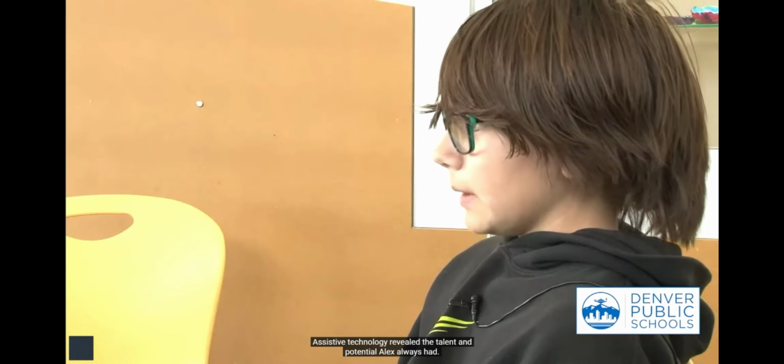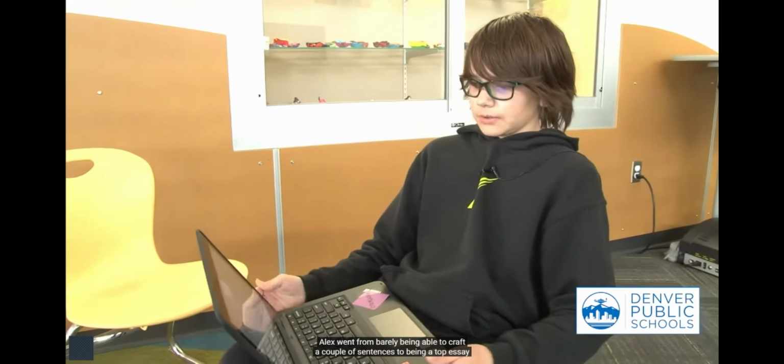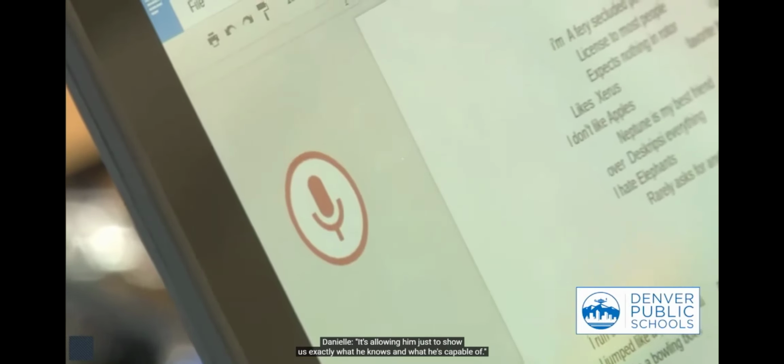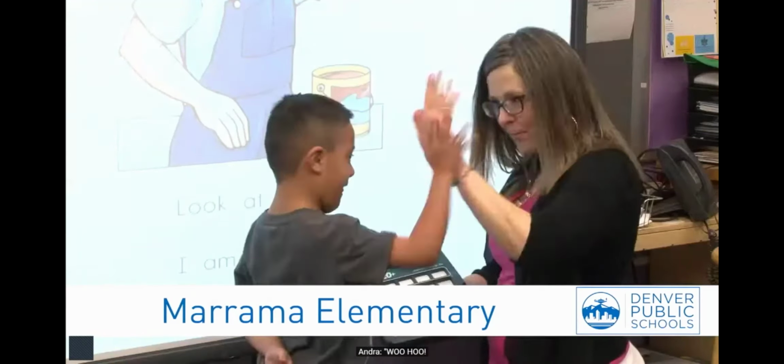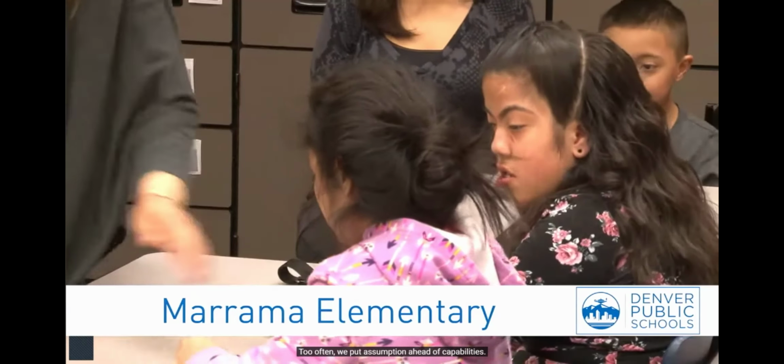Assistive technology revealed the talent and potential Alex always had. Alex went from barely being able to craft a couple of sentences to being a top essay writing student in his class. It's allowing him just to show us exactly what he knows and what he's capable of. Woohoo! Good job, buddy. Too often, we put assumption ahead of capabilities. No, I want everyone to see, look what they can do.